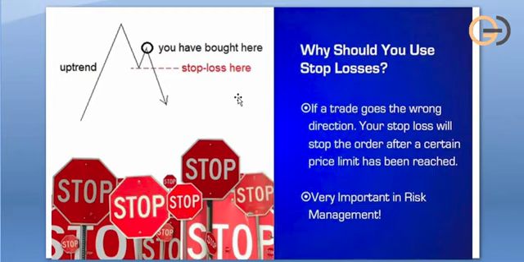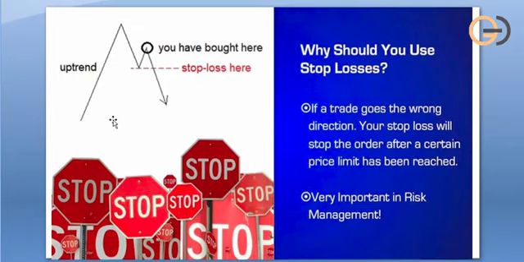For example, you bought at a particular price, then the market moves against you. It's a particular place where you want to take partial profit, or you want to leave the market, and you put in a stop loss there. So a stop loss helps you to leave the market when the price goes against you.